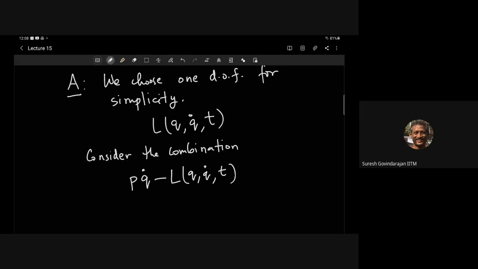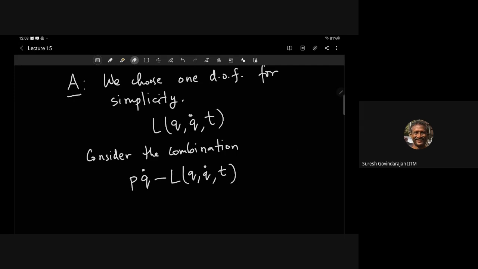When did this kind of combination come? Also, no time dependence. Yeah, exactly. We saw this when there was no explicit time dependence, and we had to identify p with dL by dq dot. These were the two things for which we had seen a combination which looked like this.